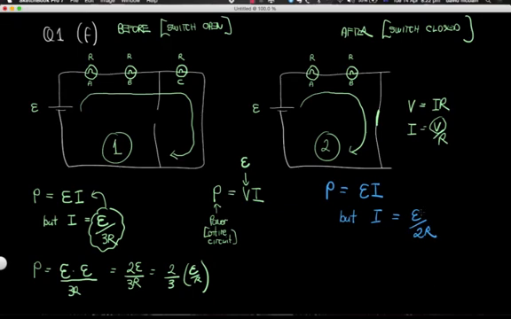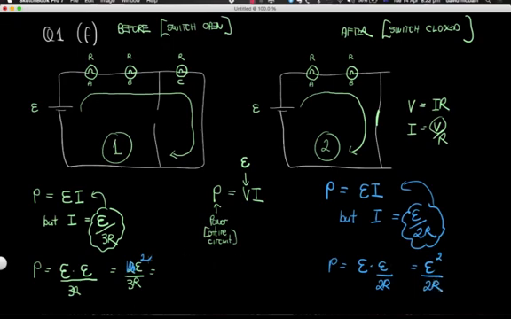If I put both of those expressions together, by substituting this expression for I, the power is going to equal the voltage of the battery, E, times E over 2R, which equals, I beg your pardon, that's not 2E, that's E squared. My apologies. E times E is E squared over 2R.